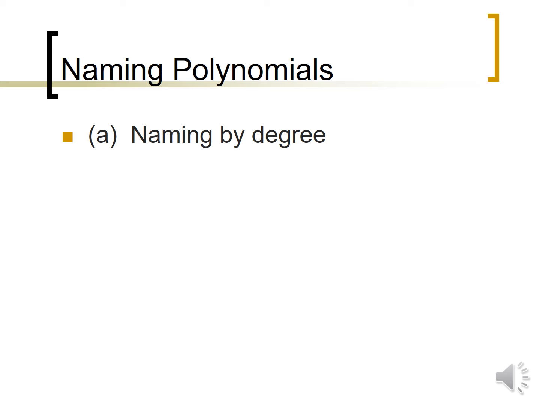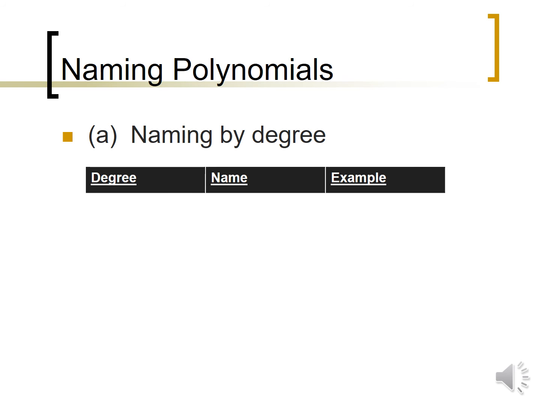As far as naming by degree goes, we're going to fill in that chart that you have in your notes. If I have a degree 0 polynomial, I'm going to call this a constant polynomial. Like if my polynomial is just the number 7, we call it a constant polynomial, because 7 itself is just a constant.